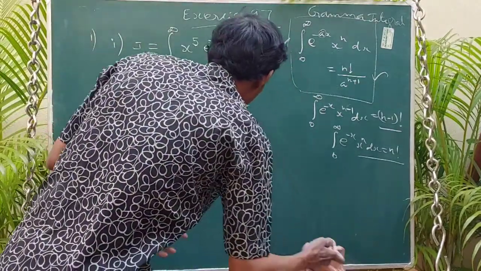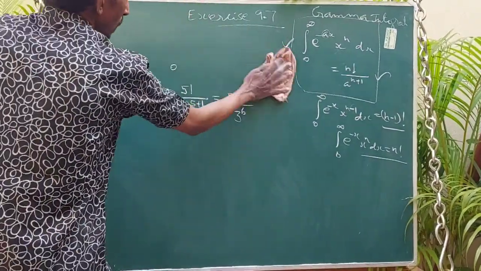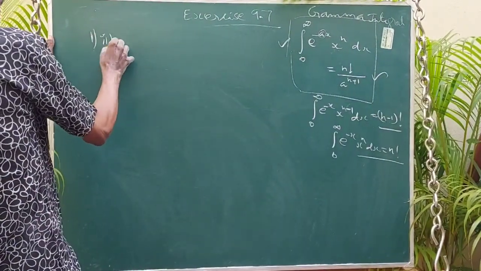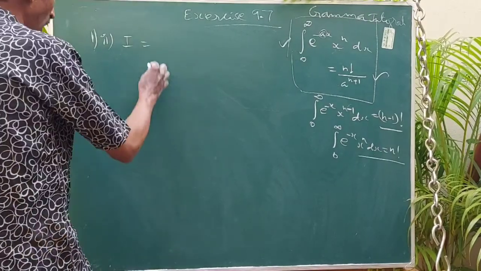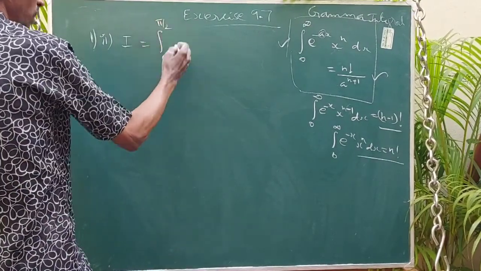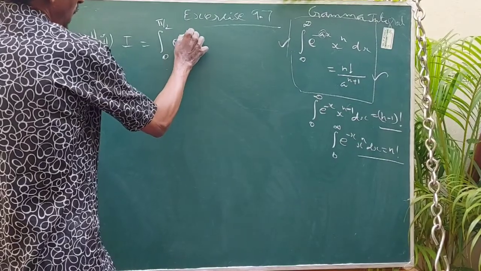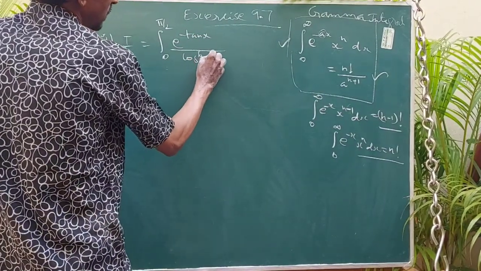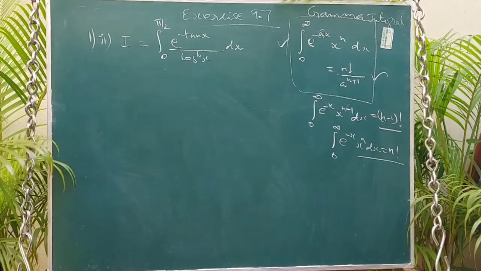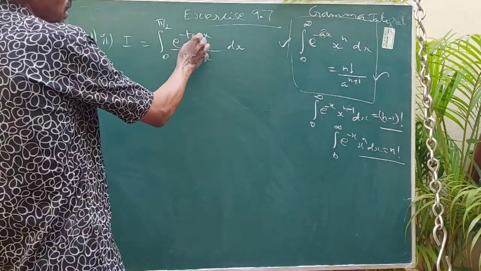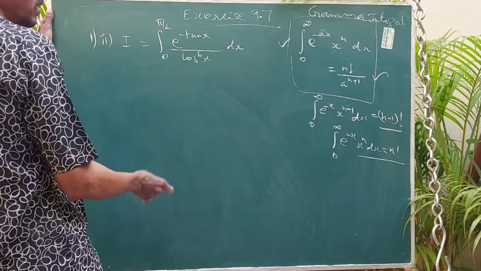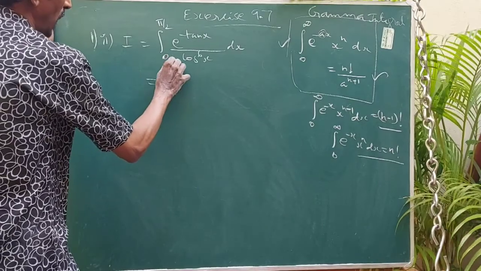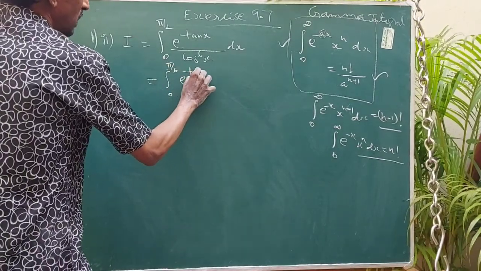So second subdivision, okay. Question number 1, exercise 9.7, subdivision 2, take the given integral as I. So integral 0 to pi by 6, okay, e power minus tan inverse of x by cos power 6x dx. So listen, if tan comes, the derivative of tan is secant square. So we need secant square, that is a hint in the question. So integral 0 to pi by 6 e power minus tan x.